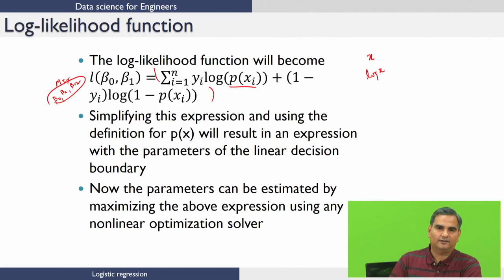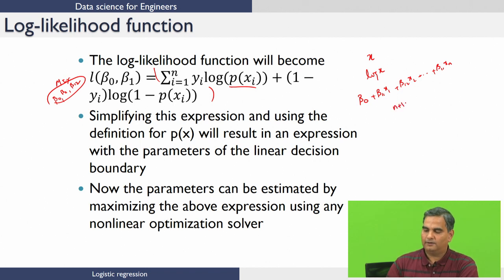In this case it is a 2-dimensional problem, so we have 3 parameters. If there is an n dimensional problem, with n variables, I will have something like beta naught plus beta 1 1 x 1 plus beta 1 2 x 2 and so on plus beta 1 n x n. This will be an n plus 1 variable problem; there are n plus 1 decision variables.